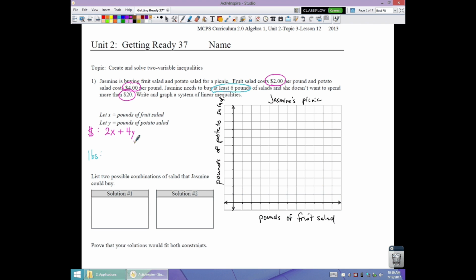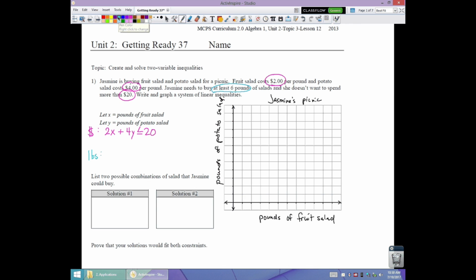Now, she does not want to spend more than 20. That means she's willing to spend 20, it can equal 20, but if not, she'd prefer it to be under. So the amount that Jasmine spends has to stay under or exactly 20.